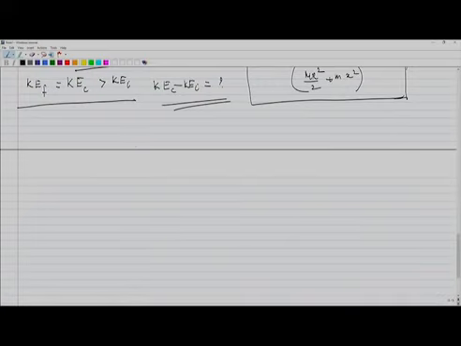The next topic is rotation, rolling, and slipping.